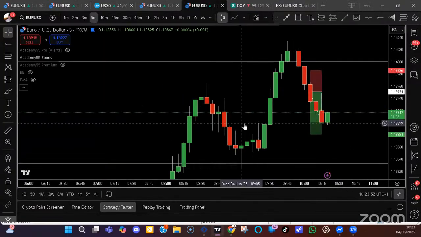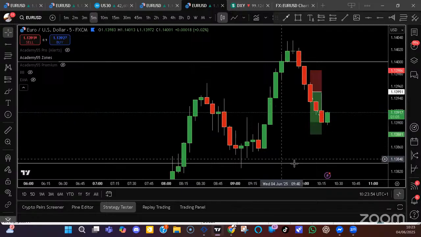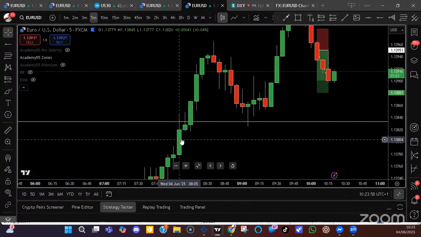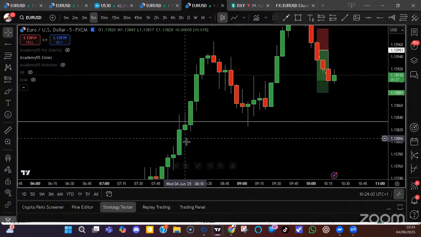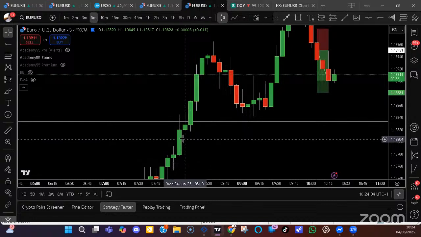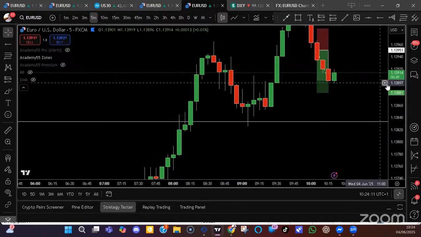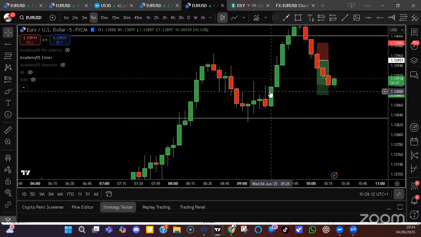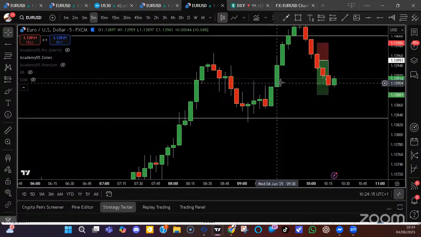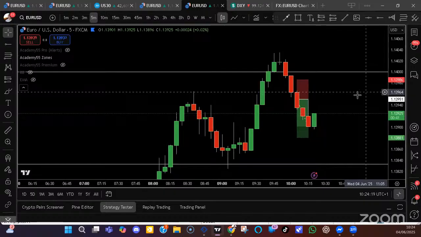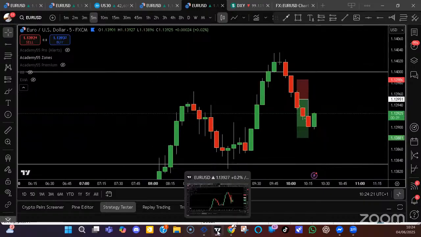Now it's tapped into that imbalance, see, and on the 5 minute timeframe, we've got imbalance down here. So hopefully it'll want to come down to fix out this imbalance here, but that might do it later on in the New York session even. We don't know. But it's cut down the immediate imbalance and it might be going up now to take more orders. And if it does, it does.